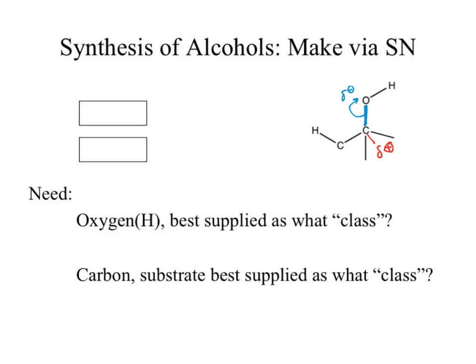So our oxygen most likely acts as what in the course of this reaction? Electron donor or electron acceptor? An electron donor, which means it is best supplied as a nucleophile. Our carbon is acting as an electrophile.